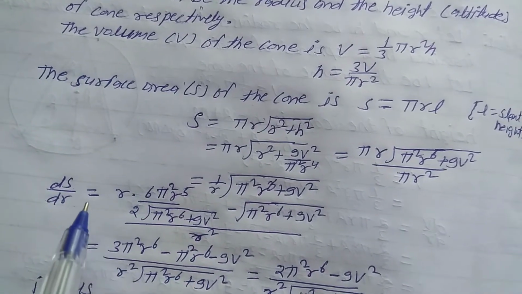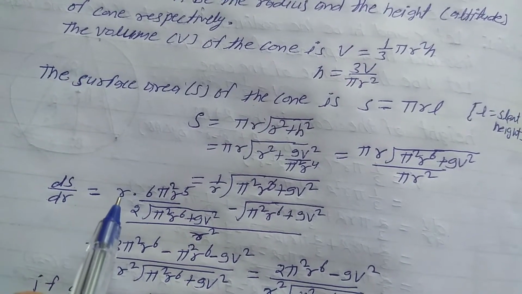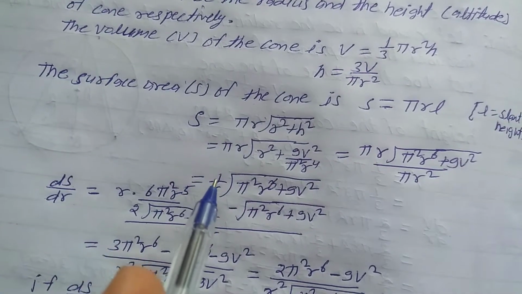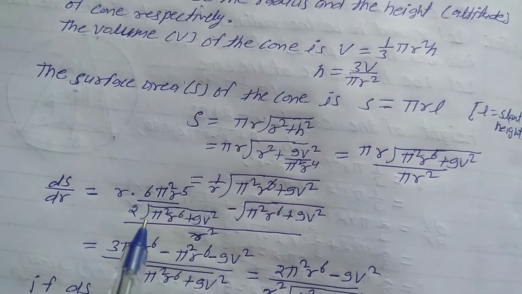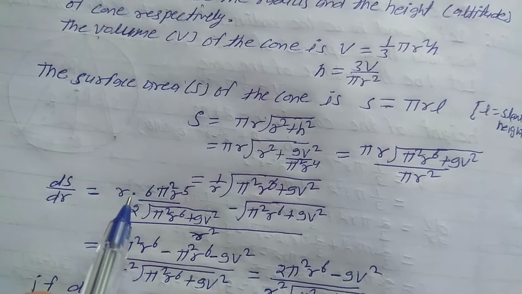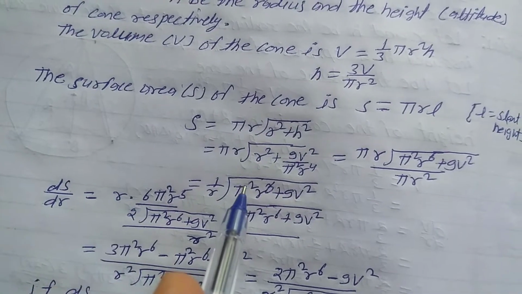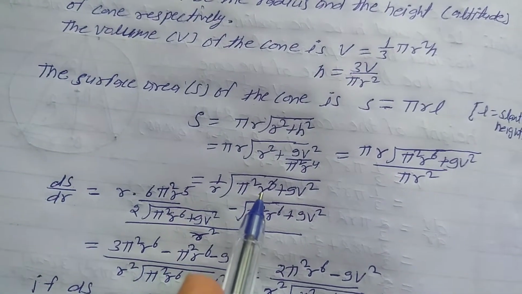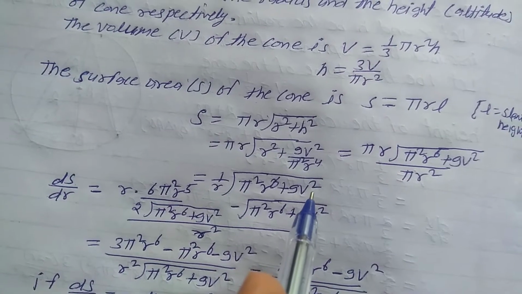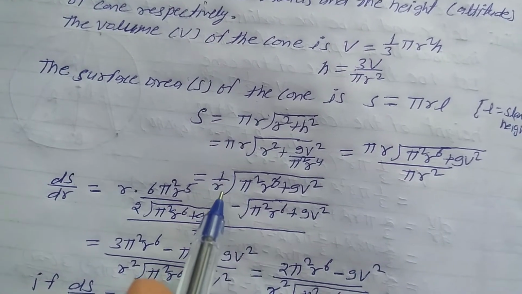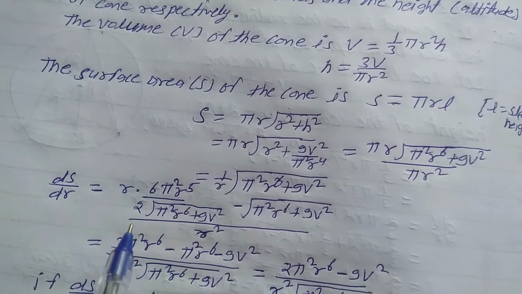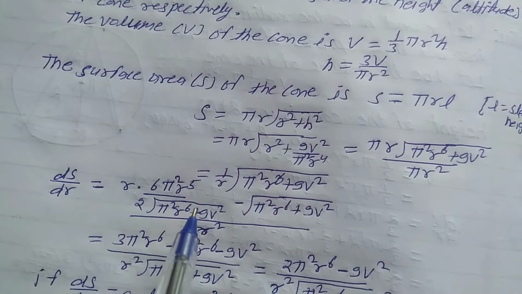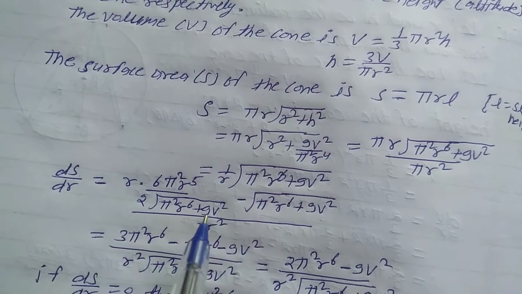Differentiate with respect to r. So dS upon dr is equal to, here the u upon v formula for differentiation is used. v means r, times the differentiation of root of pi square r power of 6 plus 9V square, so 1 upon 2 root of pi square r power of 6 plus 9V square, with the differentiation inside the bracket.